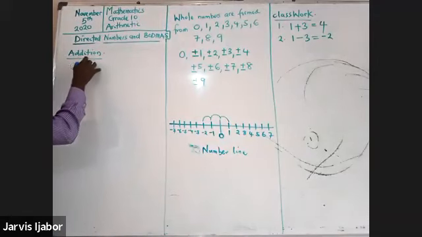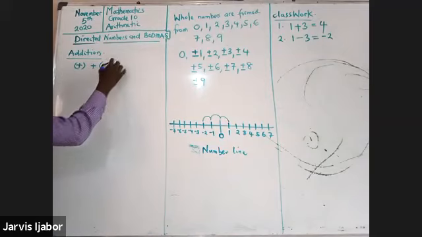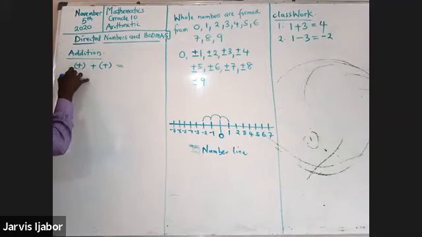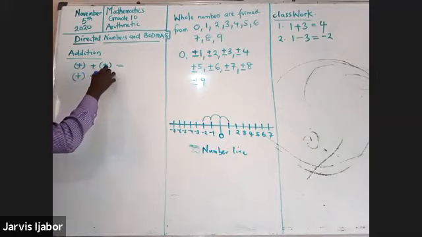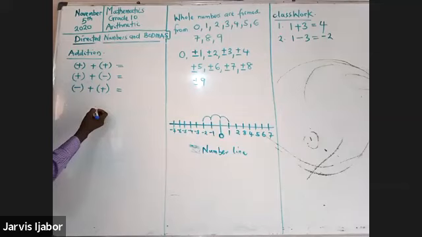If I have a positive number and I'm adding it to another positive number, what would the answer be? If I have a positive number and I'm adding it to a negative number, what would the answer be? If I have a negative number first and I'm adding it to a positive number, what would the answer be? If I have a negative number and I'm adding it to a negative number, what would the answer be? These are the first considerations for addition.